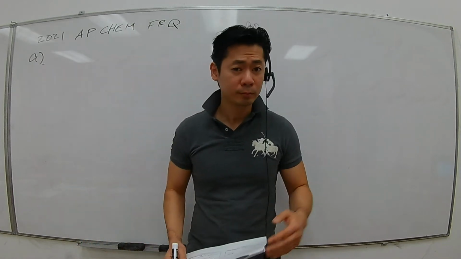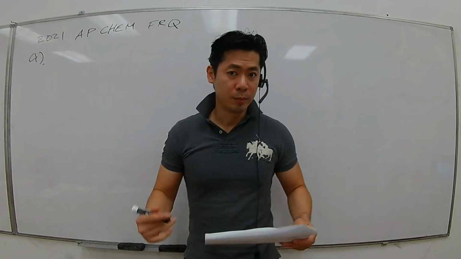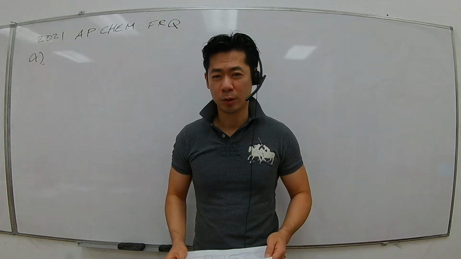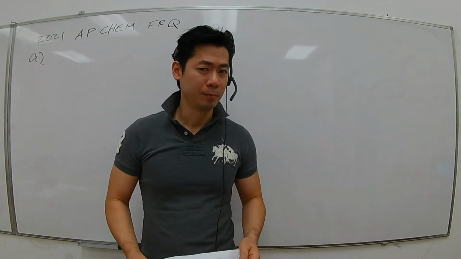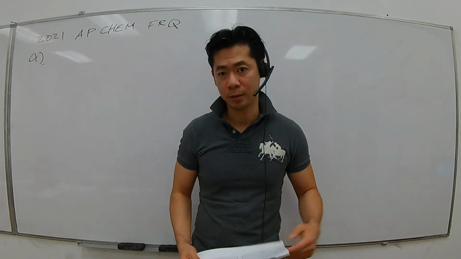Number one, it seems like there's an acid, which is methanoic acid dissociation. I think the first question is relatively simple. It's asking to write the Ka expression for the methanoic acid as it dissociates.